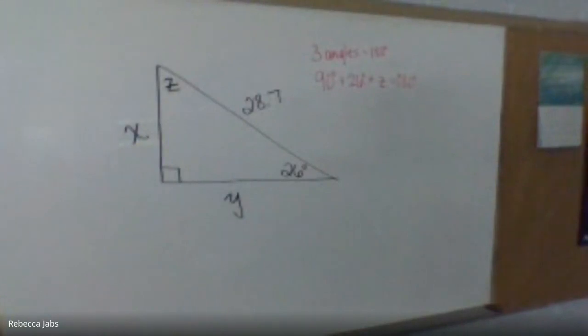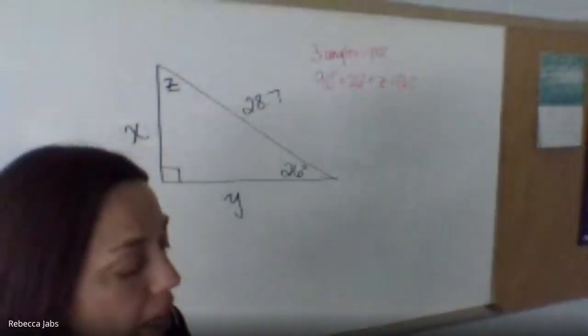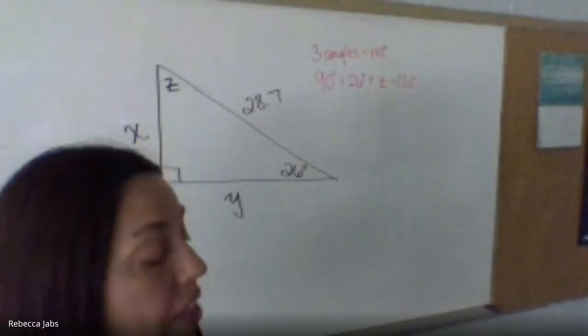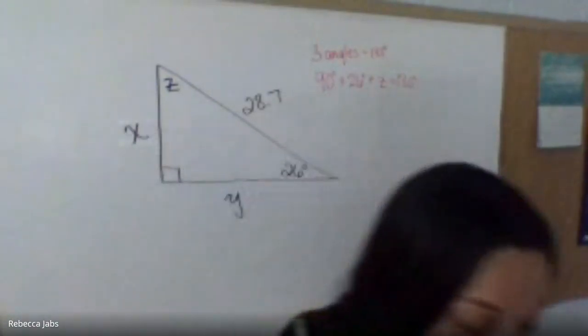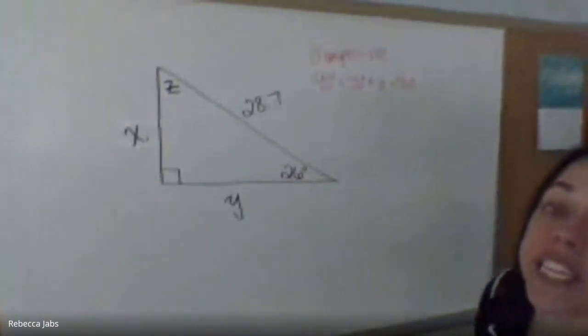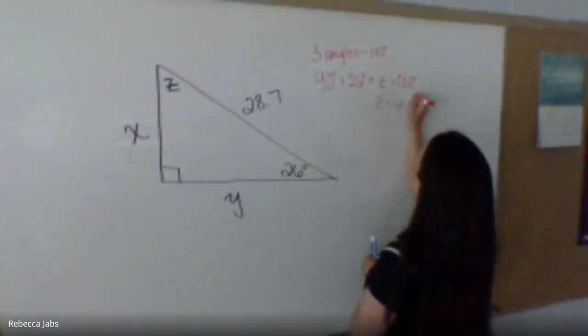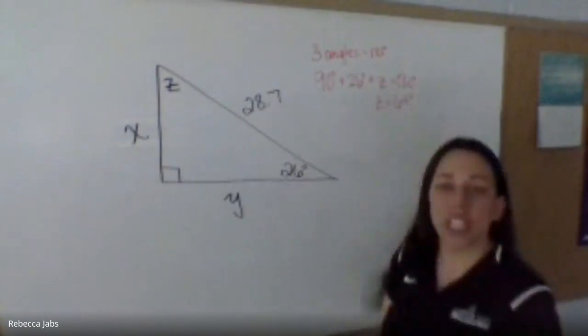And all I'm going to do is a little bit of math. If I subtract 90 from both sides, that would go away. If I subtract 26 from both sides, that should go away. Very good. Thank you. Z is 64. By doing some subtraction, we could hopefully very easily figure out that Z is 64.